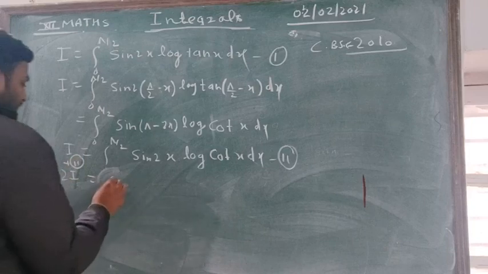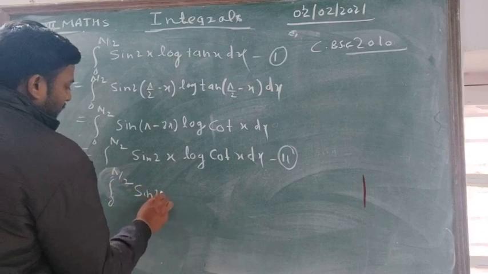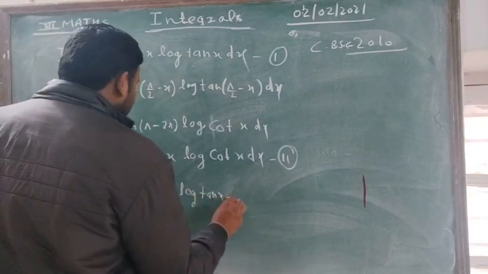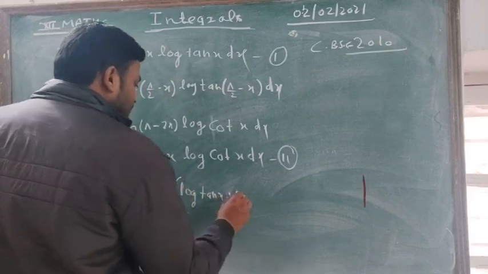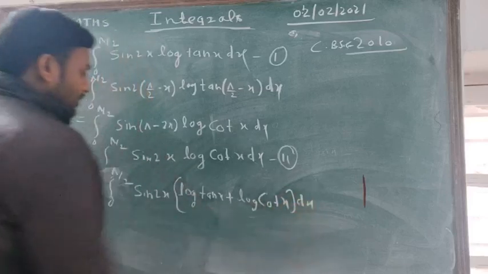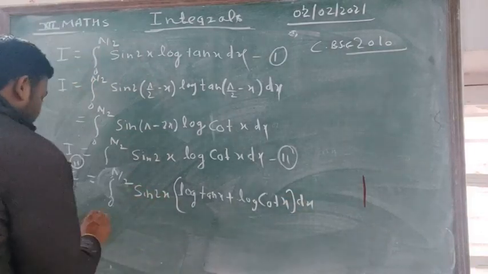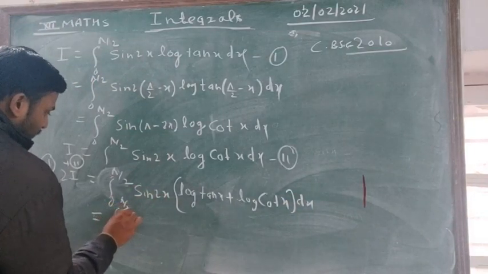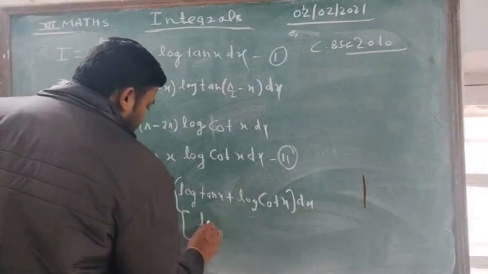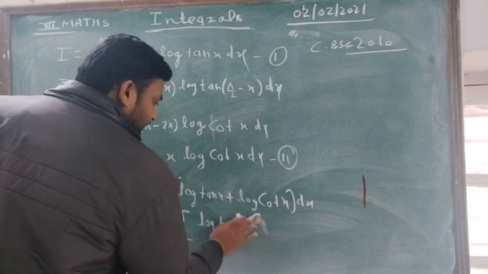We get 2I is the integral 0 to pi by 2 of sin 2x outside, and log tan x plus log cot x dx. Okay friends, sin 2x is common in both, so we can write 0 to pi by 2 of sin 2x, and log m plus log n we can write as log m into n.